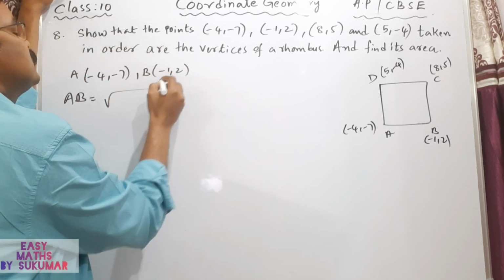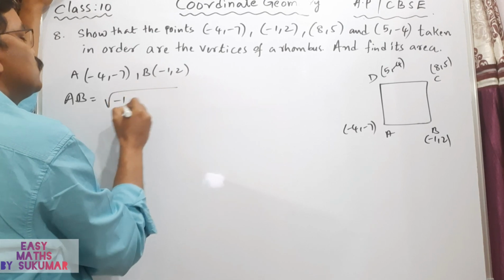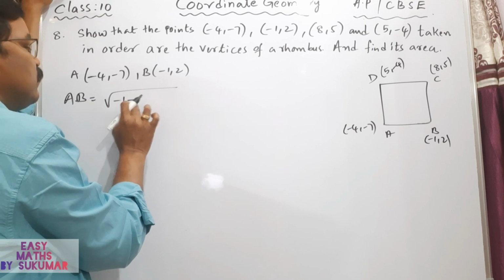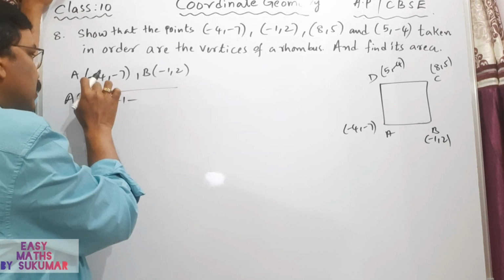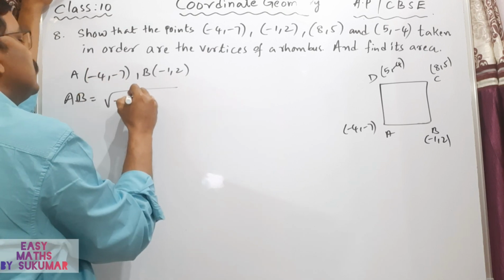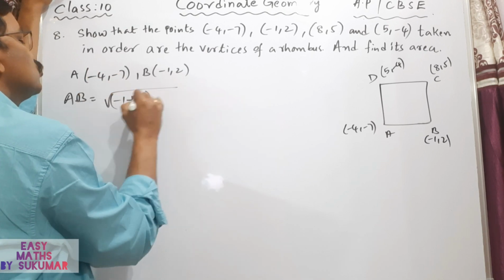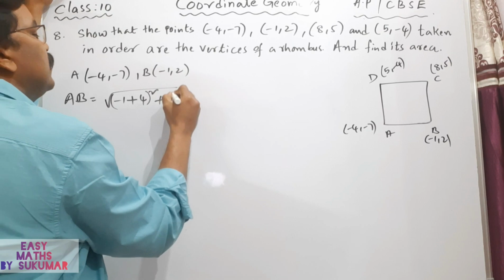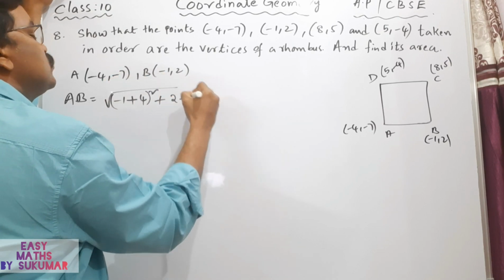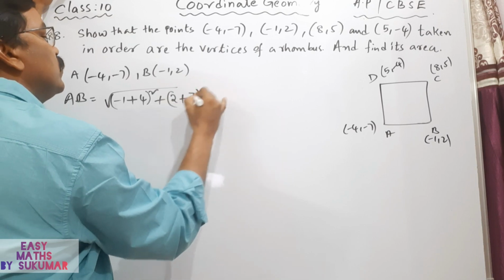So here this x2 minus x1 means -1 minus of, here -4 is there. So in the formula itself minus is there. Again here in the x1 place -4 is there. So this minus into minus is plus 4 whole square. Okay, similarly 2 minus of, here also minus is there. So minus into minus is plus 7 whole square.